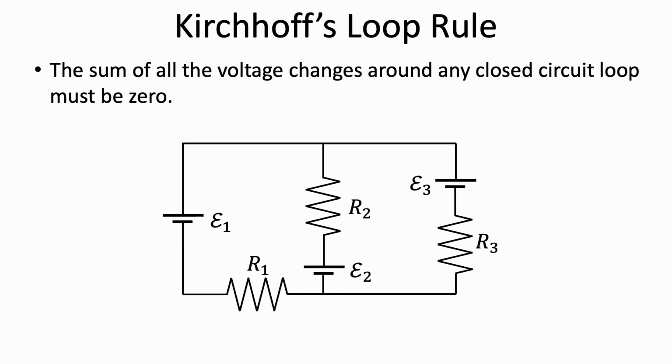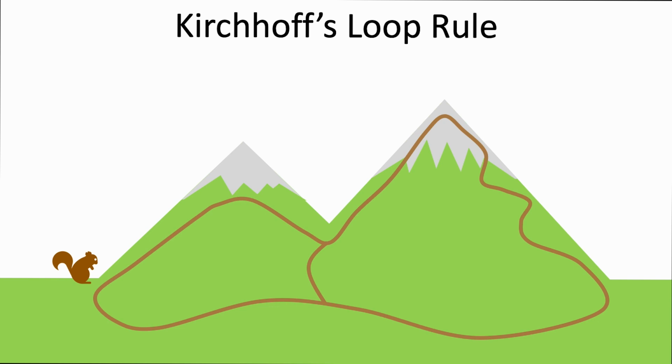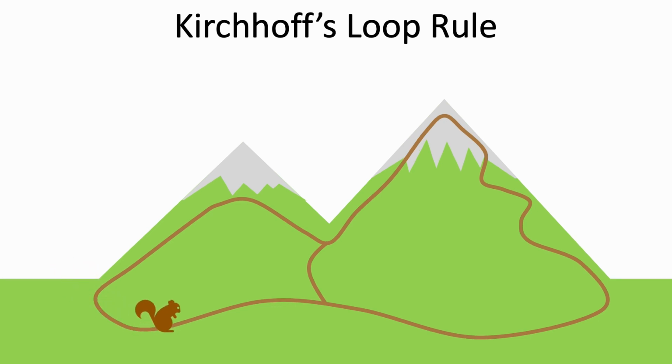But before we do, let's try to understand why this law makes sense by making an analogy with hiking. Imagine you are hiking a trail that starts and ends at the same point. Along the way, you go uphill and downhill and maybe uphill again, but by the time you return to the starting point, the sum of all the elevation changes must be zero because you are back at where you started.